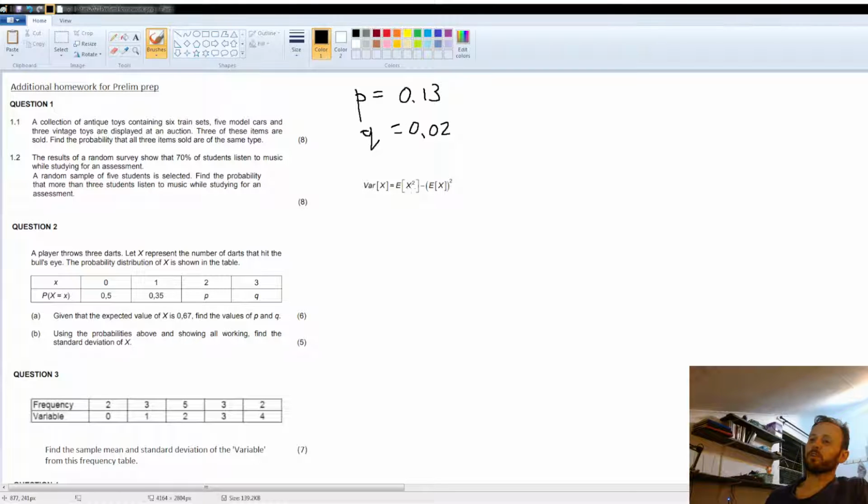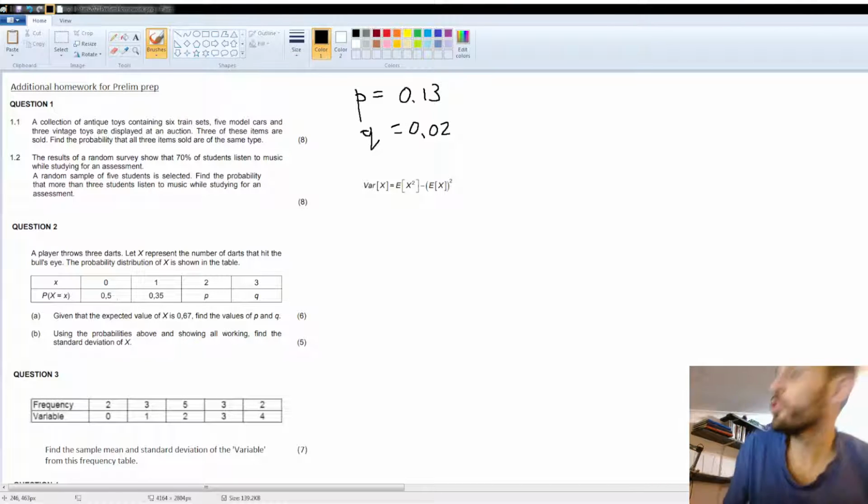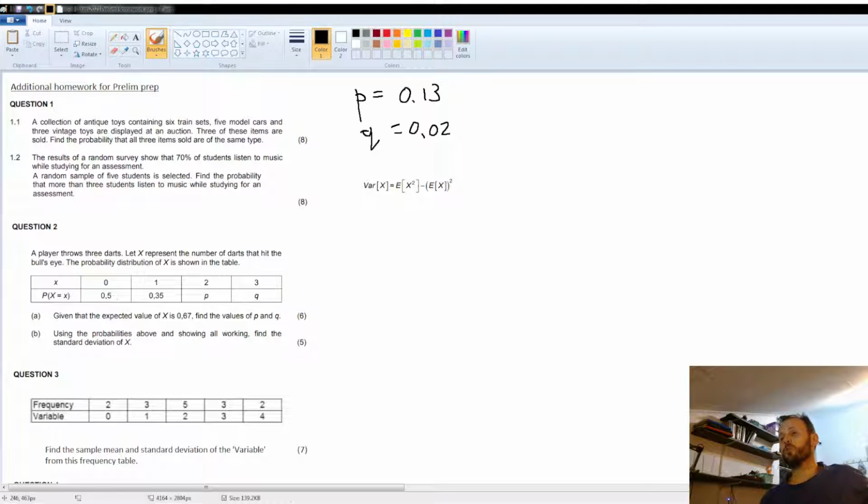Now, someone asked me a good question once upon a time. What is the expected value of x squared? It doesn't mean that you square the probability. It only means that you square the actual value of x. Let me say that again. Each x value has an assigned probability. You do not square the assigned probabilities when you are calculating this term.